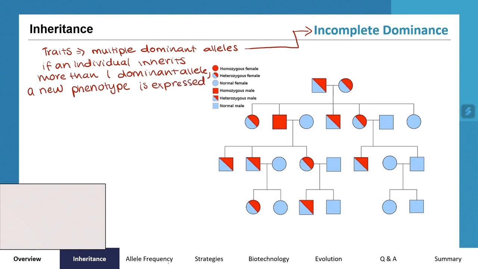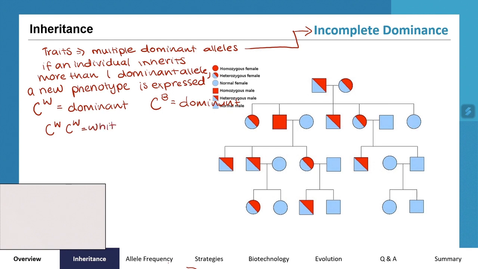So, for example, if you have a cat species that has a dominant allele for white fur, this is dominant, and a dominant allele for black fur. This is also dominant. If I wanted a cat with only white fur, they would need the genotype CWCW.